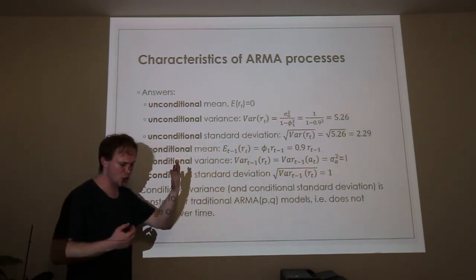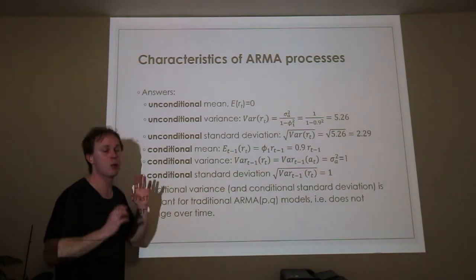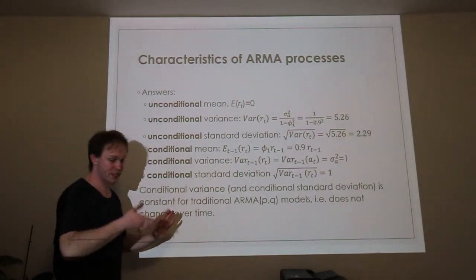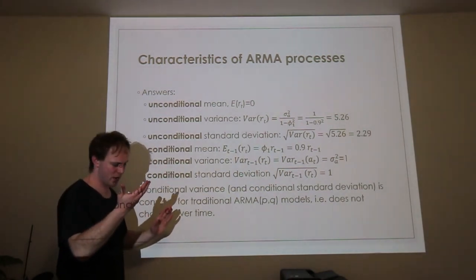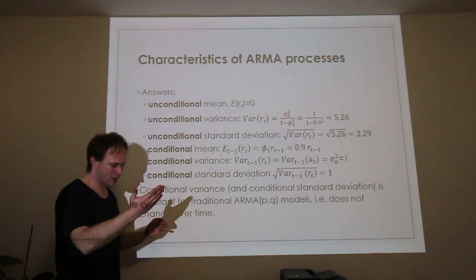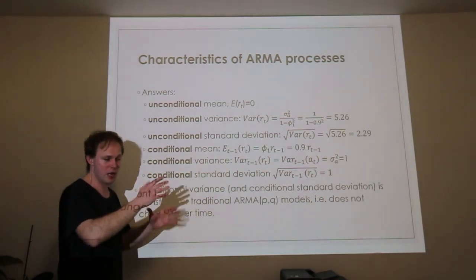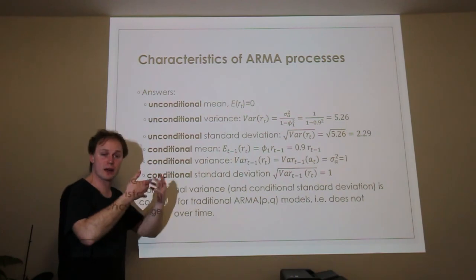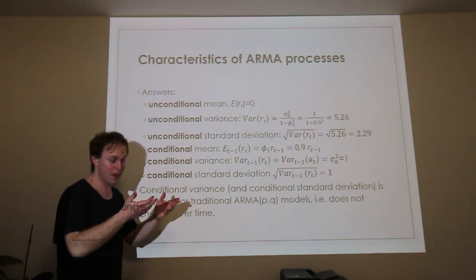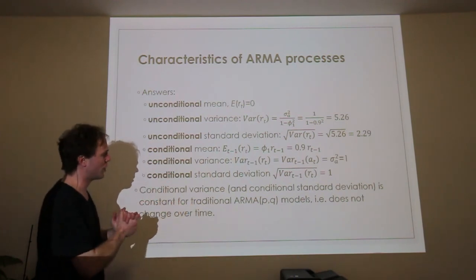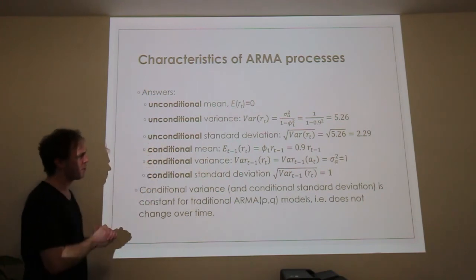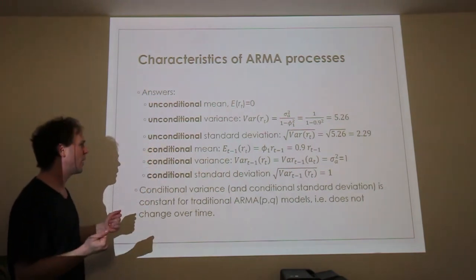In the case of a Gaussian white noise process we have 0 mean and sigma squared equal to 1, a standard normal distribution.